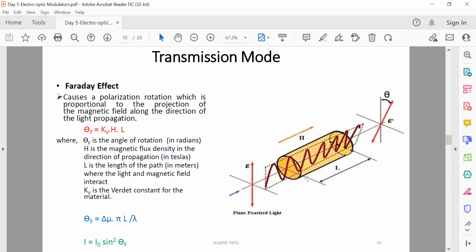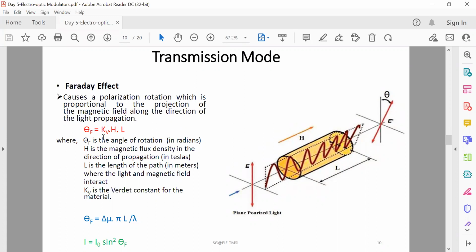These components combine to give an elliptical polarization whose major axis is rotated relative to the original direction of polarization, and that's why the angle created here is called the Faraday angle, represented by theta f.